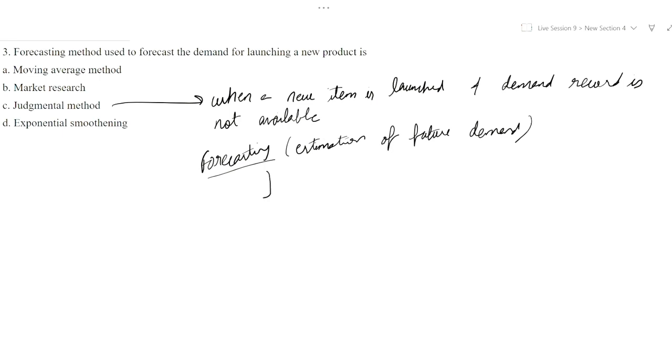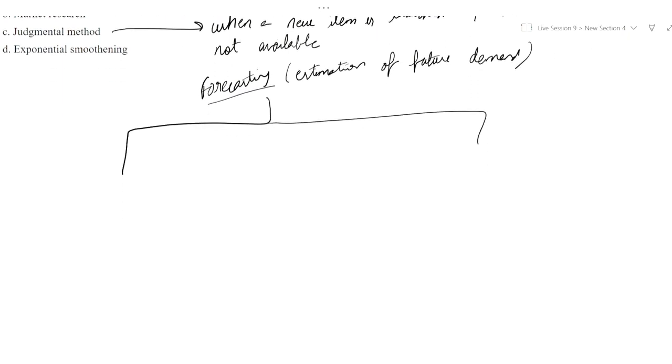Now, it has a qualitative technique and a quantitative technique.